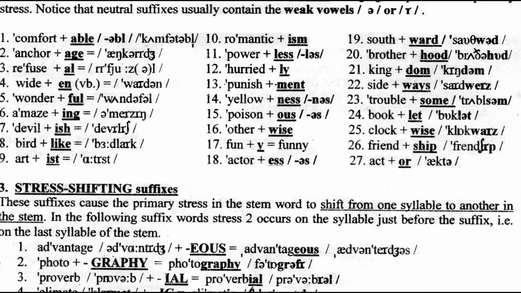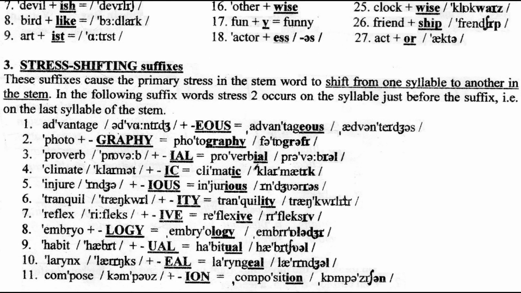We move to the third type of suffixes, entitled the stress shifting suffixes. These suffixes cause the primary stress in the stem word to shift from one syllable to another in the stem.